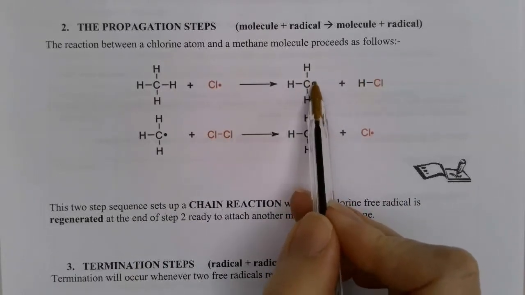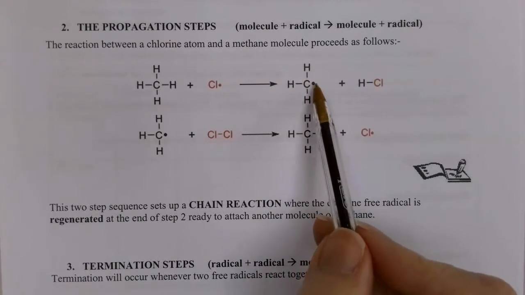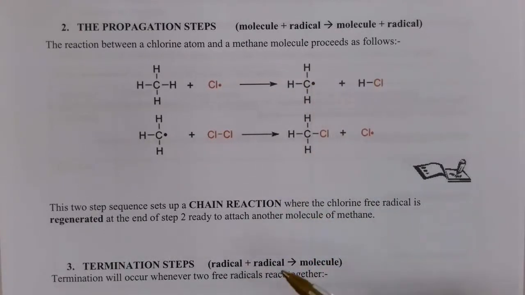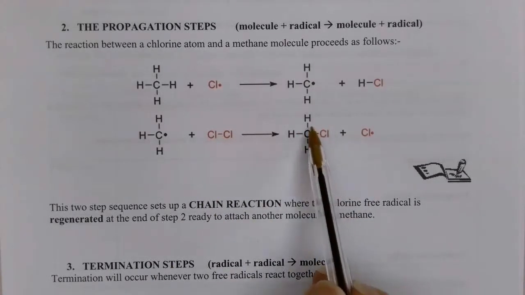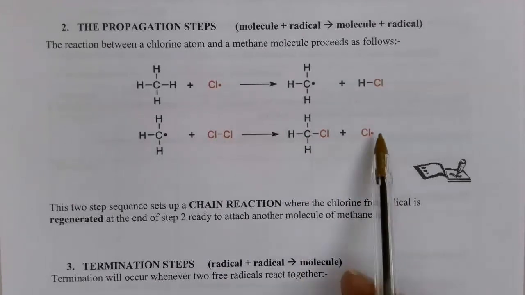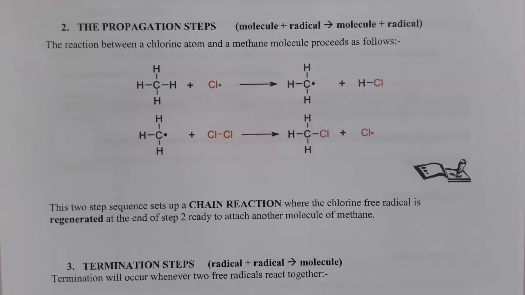That leaves behind a methyl free radical. This group now is the one with the dot. This methyl free radical is now again a highly reactive species. It's able to pull apart a chlorine molecule, and this creates the halogenoalkane and regenerates this chlorine free radical.